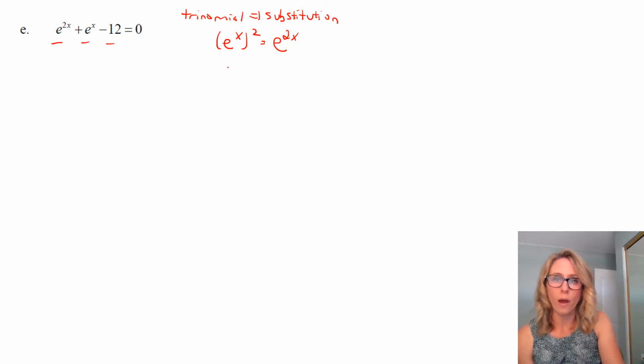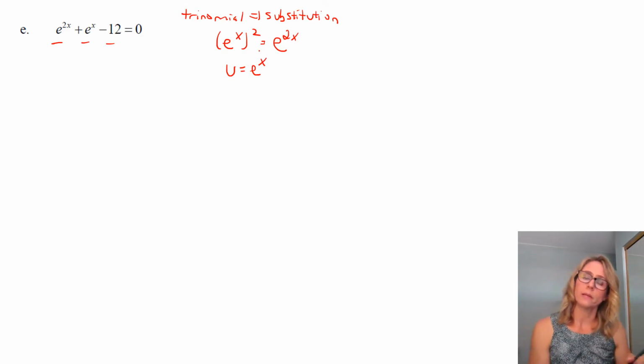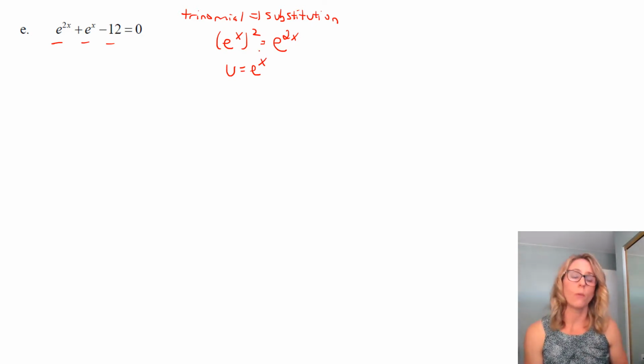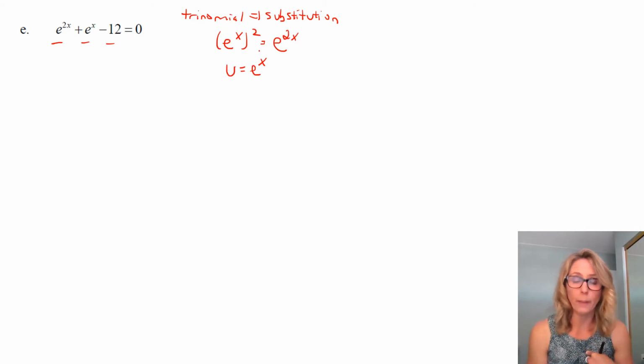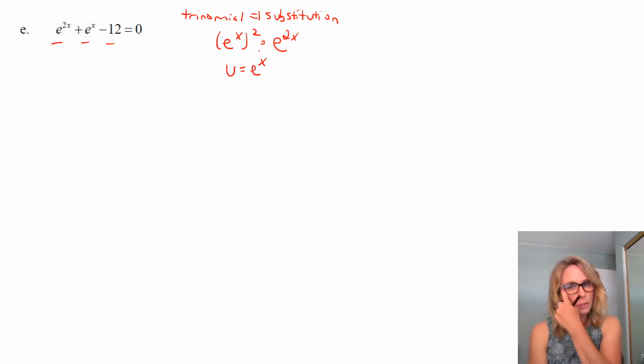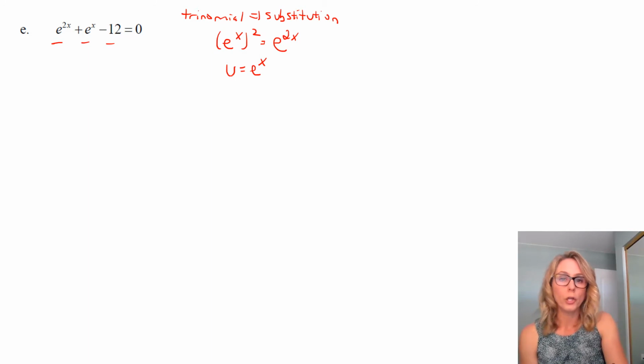So if I let u equal e to the x, I'm going to rewrite this as something that looks quadratic. And when it looks quadratic, I'll be able to solve it in a way that I remember. And then I can come back and deal with the fact that I have e to the x's. So we have u equaling e to the x, so u squared equals e to the 2x.